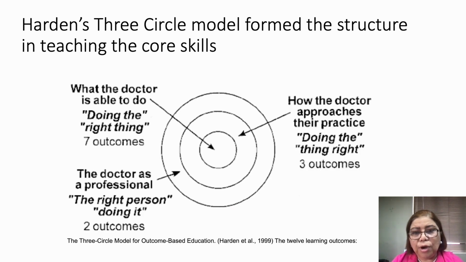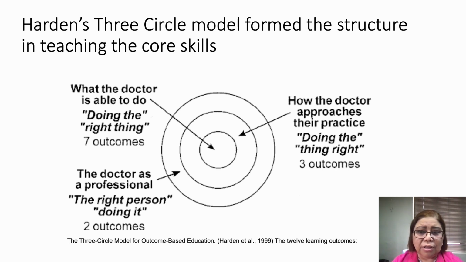The 3-circle model is a model for outcome-based education and is described as 3 concentric circles. The core skill to be performed is represented in the innermost circle, or doing the right thing, as in airway intubation or safety training, donning PPE.